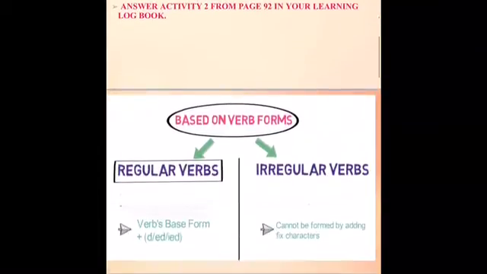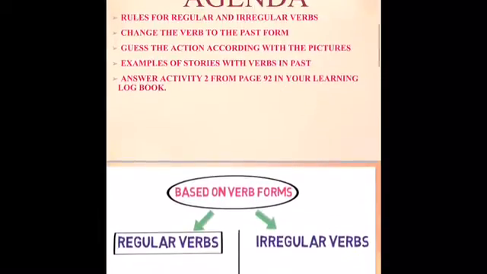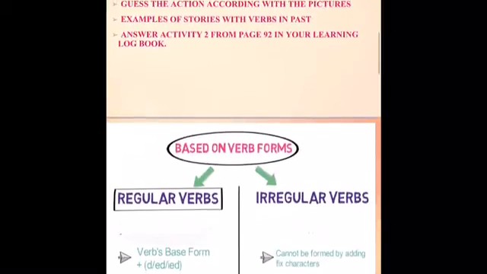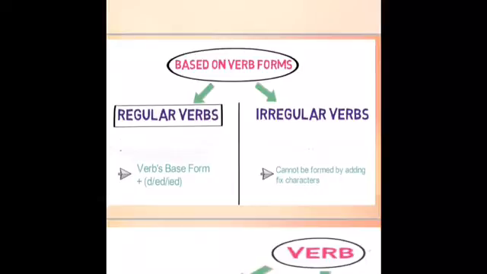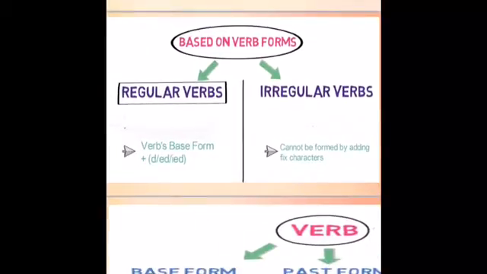Okay guys, so let's start. As it says in the beginning of my agenda, I'm going to show you what exactly are the rules for regular and irregular verbs. Let's start by explaining what exactly regular verbs are.